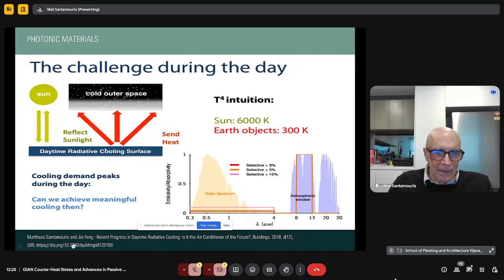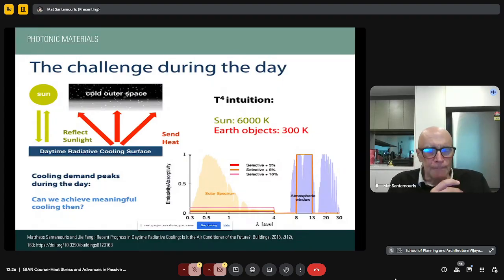When a conventional material is emitting, the emitted radiation goes up to the atmosphere, but because the atmosphere is full of gases, pollutants, aerosol, etc., this radiation is absorbed or reflected and re-emitted back. So a very high part of the emitted radiation returns back, and in this case you don't have so many benefits.